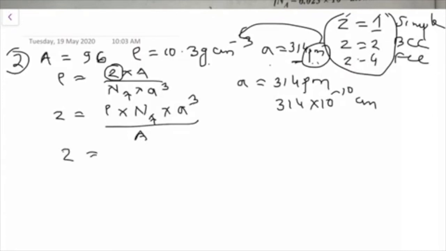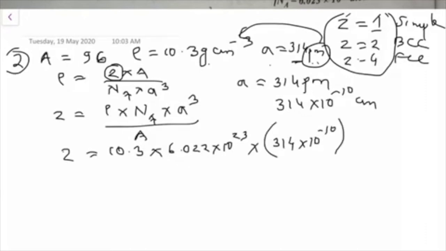Alright, now let me write the values. Z equal to density. So density is 10.3 into Avogadro's number, I'll take it as 6.022 into 10 to the power 23. And A cube. Just now we found out what is A. A is 314 into 10 to the power minus 10.